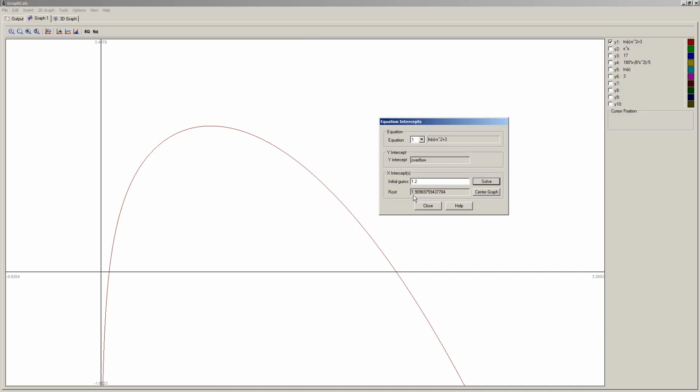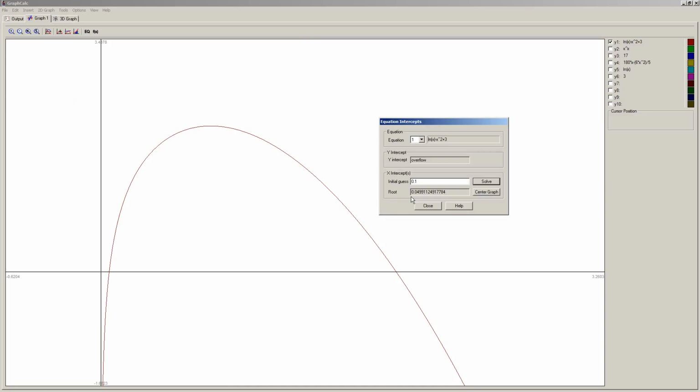So it found the root closest to this initial guess. If I plug in a value of, say, 0.1, see how it found the root over here, about 0.05.